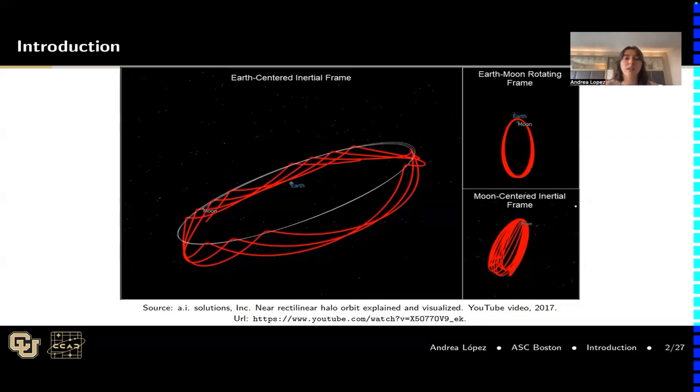But we know that with angles only, what we obtain is a line of sight measurement. So we don't have an idea of the distance to the target, of the depth of that line of sight vector. And we also know that when we have a linear description of the relative orbit, this estimation problem is not fully observable.